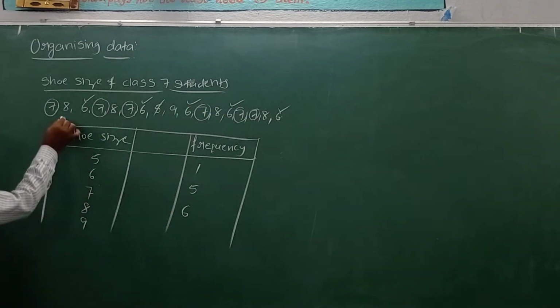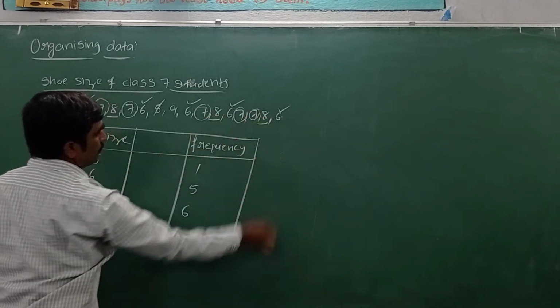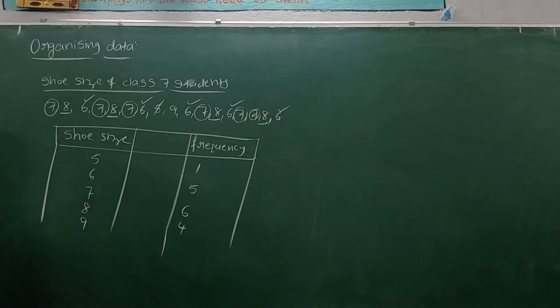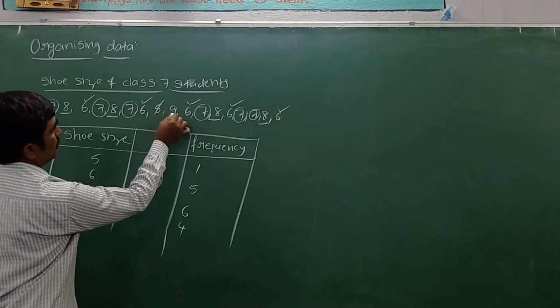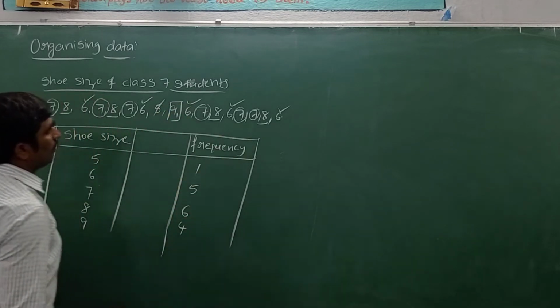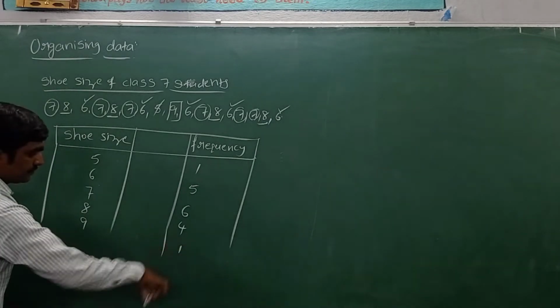Let's go for 8: 1, 2, 3, 4. 4 students have shoe size 8. Now 9 number shoes: only one student has shoe size 9.